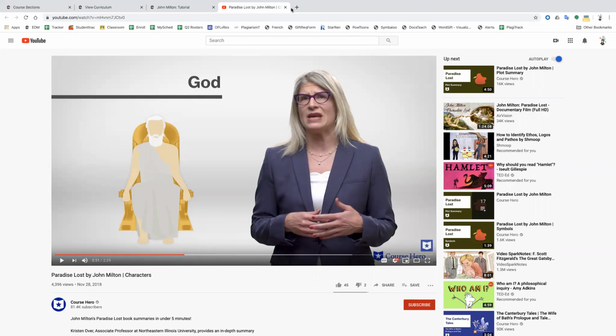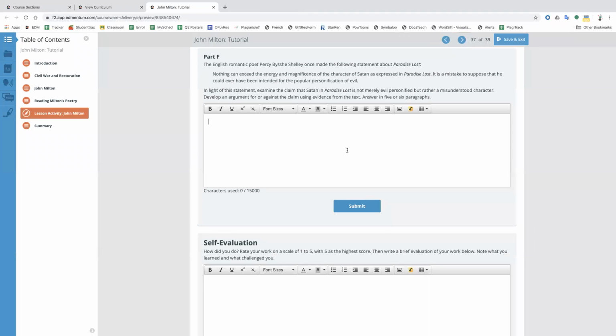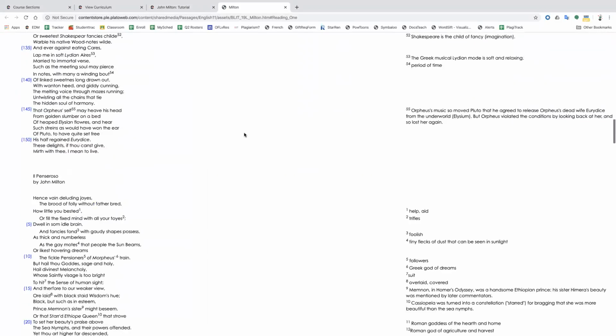Okay, so I don't know why I do not make notes about this, because this is actually something I think is really interesting. If you're thinking about the reasons that Satan gives, it really helps to look over Book 4.